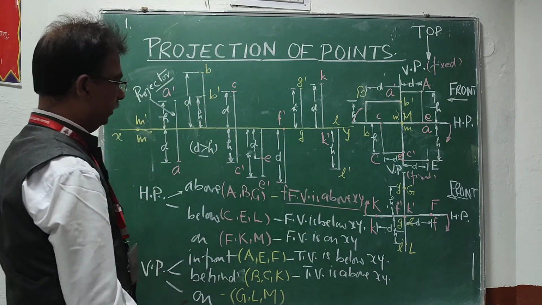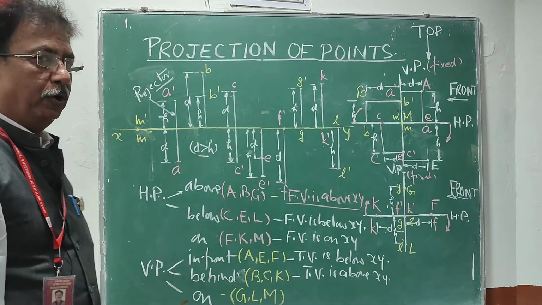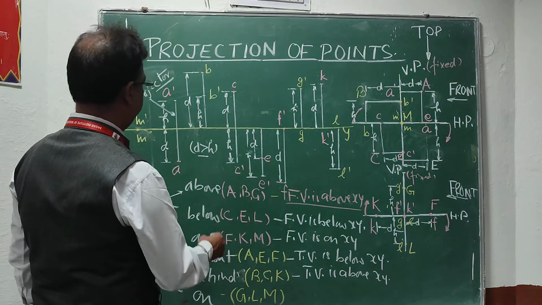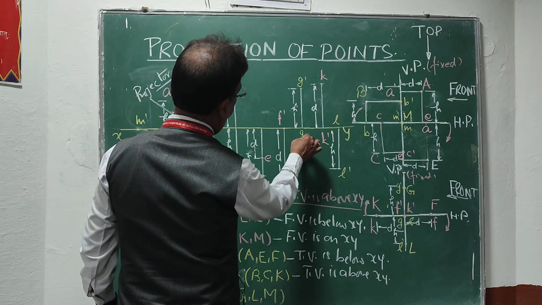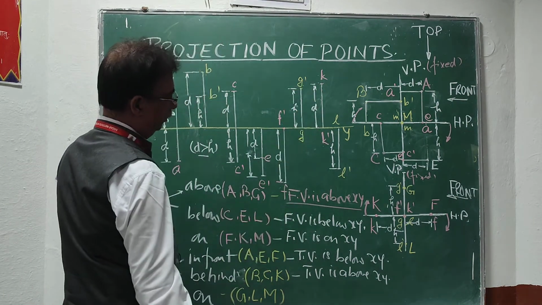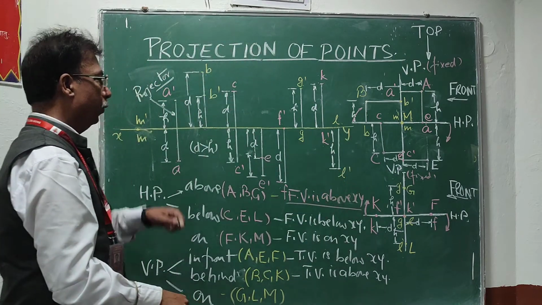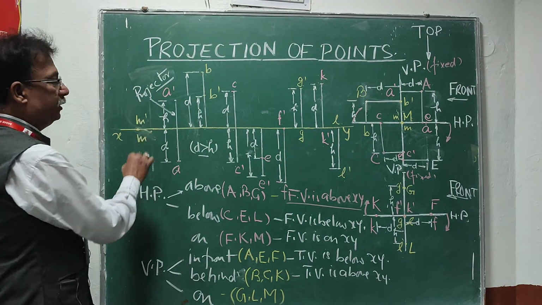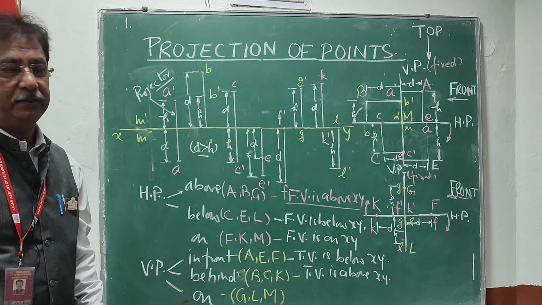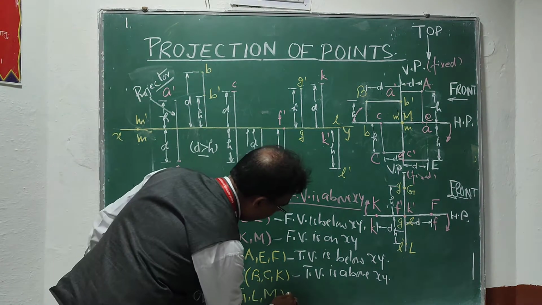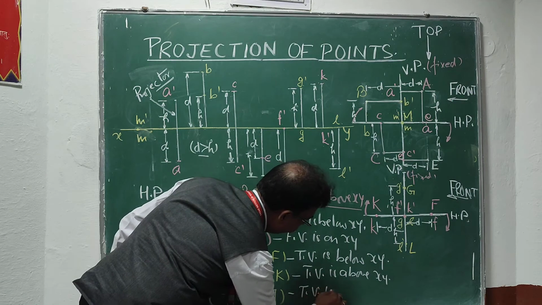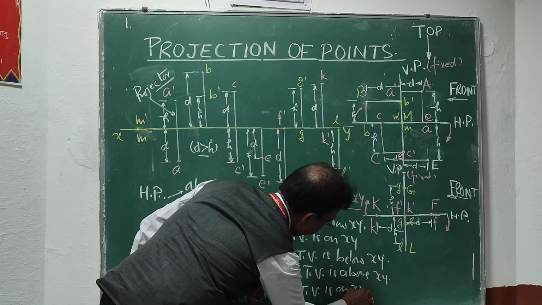The last case is when the points are on the VP: G, L and M. G, top view will be on the XY, front view will be above. L, top view will be on the XY, front view will be below. For M, both the projections, M dash and M, will be on the reference line. So the common thing is the top view is on XY.